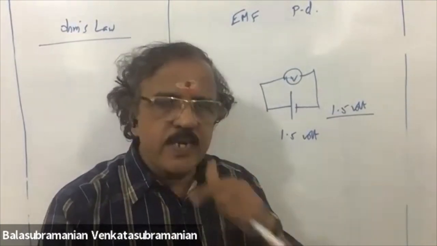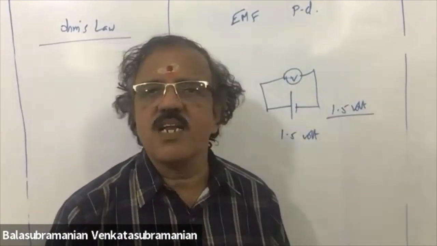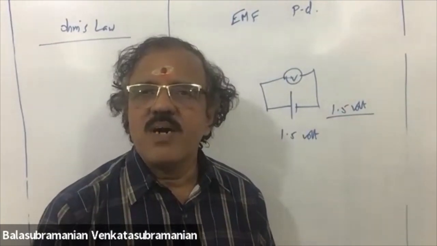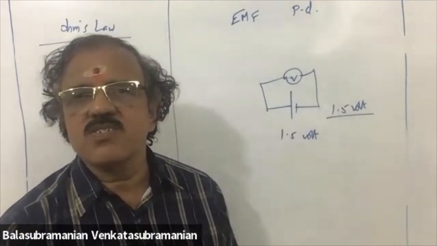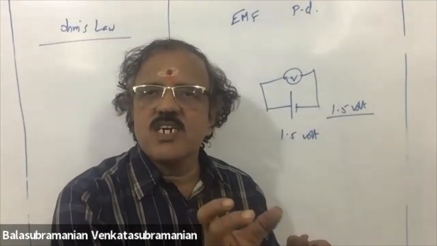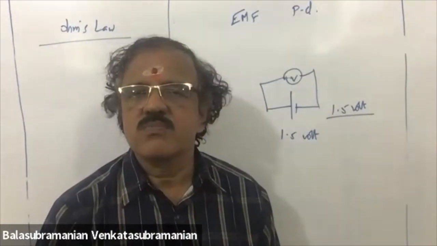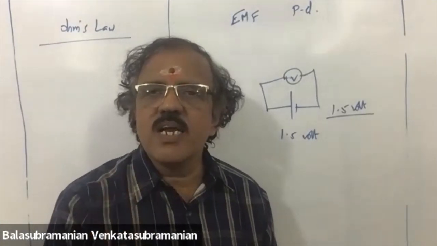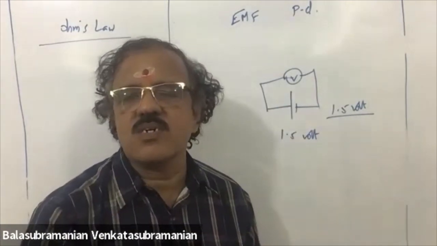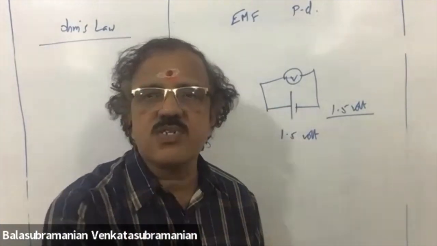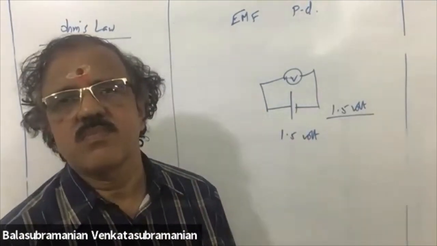So the ions present in the cell are free to move when subjected to an external electric field. Positive ions move towards the negative electrode, negative ions towards the positive electrode. The potential difference between the two is 1.5. So the work done in moving a unit charge in the entire circuit, the EMF, and the potential difference are both 1.5 volt because there is no internal resistance.